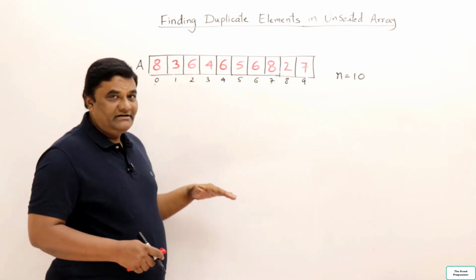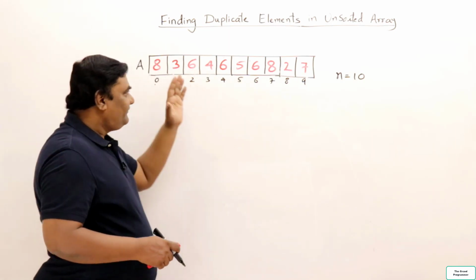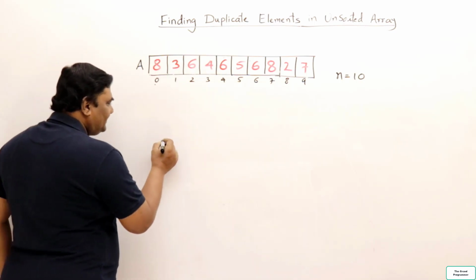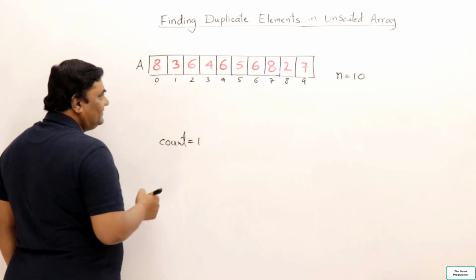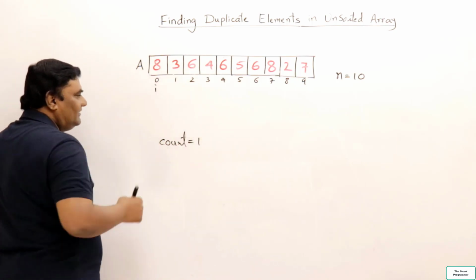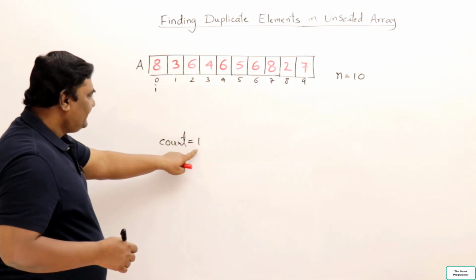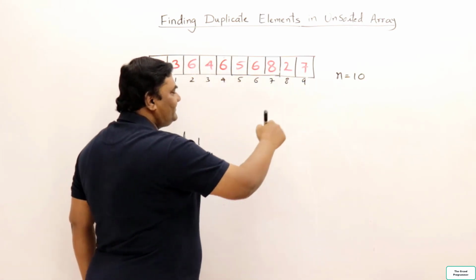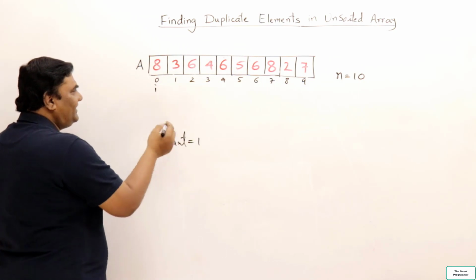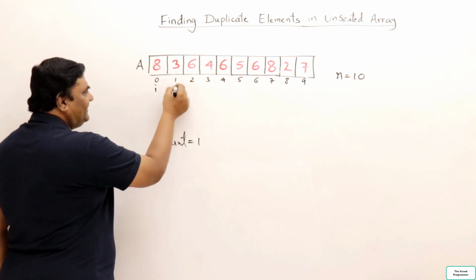So I will demonstrate in this list. So for demonstration, let us take one variable, count, and initially let us say count is 1. Now start from here. This element I am counting it for 1 time. Now from here I should check in the rest of the list, is there any other 8? So for that I can take one more variable, that is j.